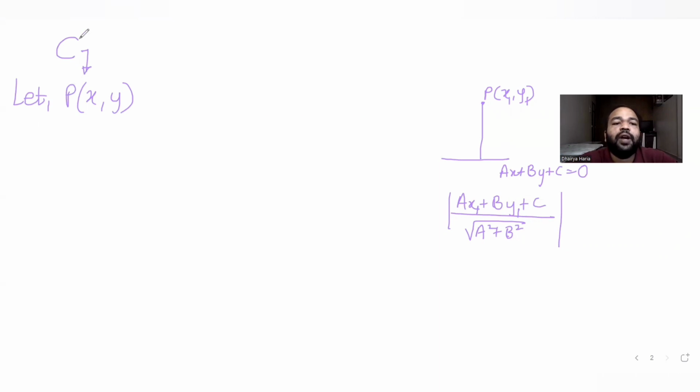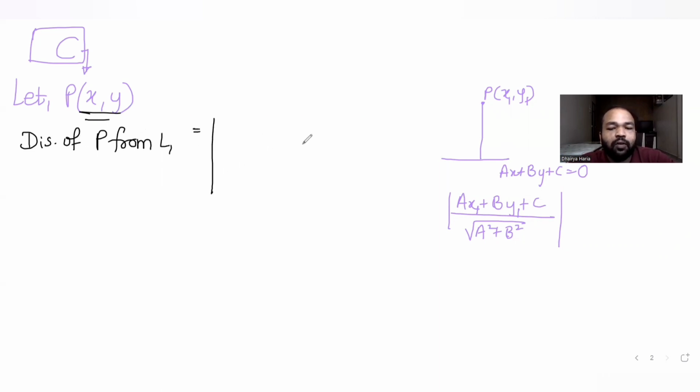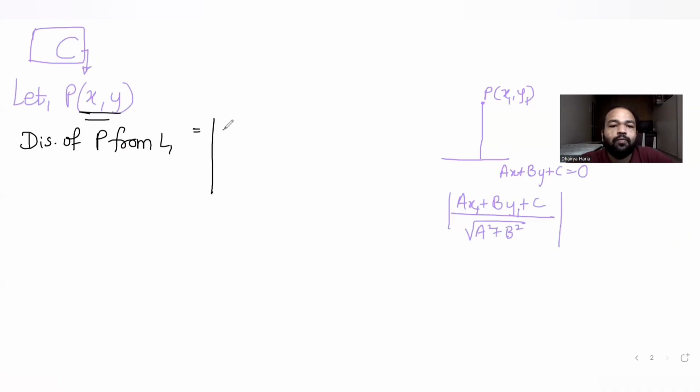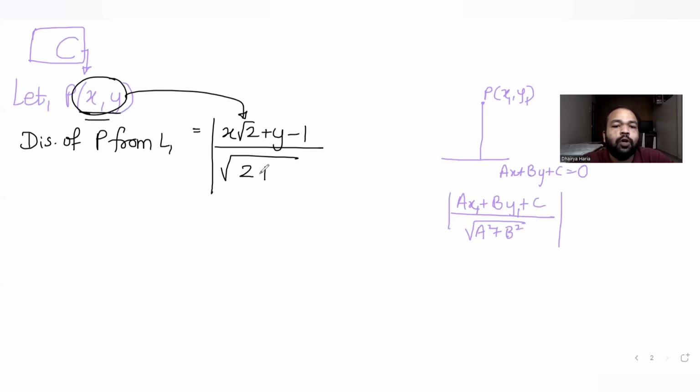Now if I want to find the equation of this curve C, first, I know the distance of this point P from line L1 is nothing but mod of the equation of line L1, x root 2 plus y minus 1, substituting x and y from the point P, upon under root of a square plus b square. So under root of root 2 square, which is 2, plus b square, that is 1 square, which is 1.